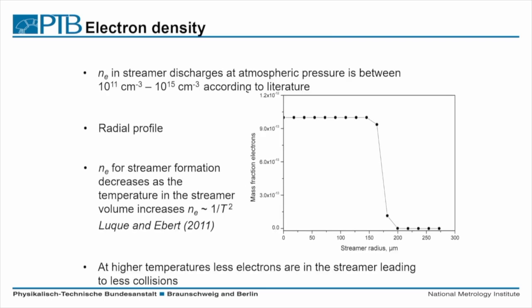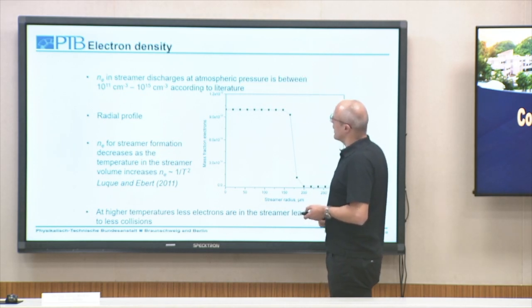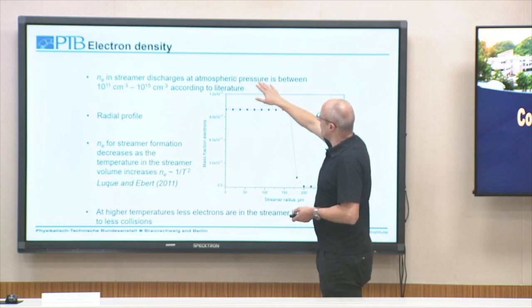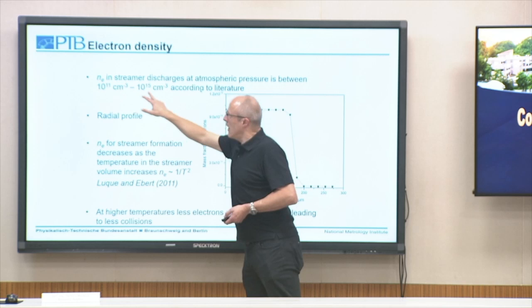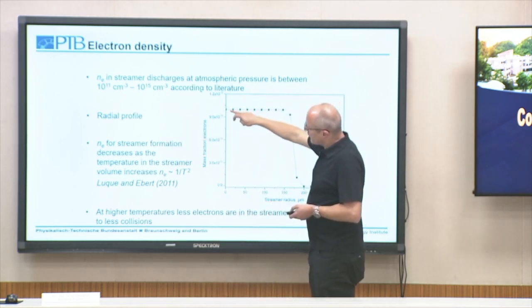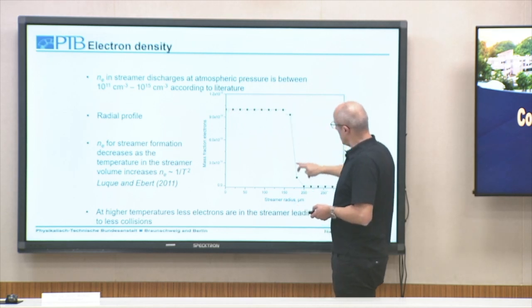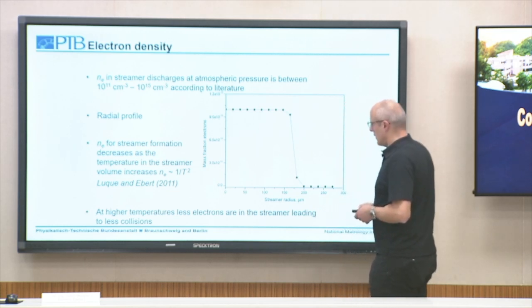So what is then the outcome of this part? First of all, here we have the electron density. So how big is the number of electrons we have in a streamer discharge at atmospheric pressure? So this is somewhere between 10 to the power of 11 and 10 to the power of 15. So here we see the mass fraction of the electrons, the radial profile, with a streamer radius in the range of 150 micrometers.